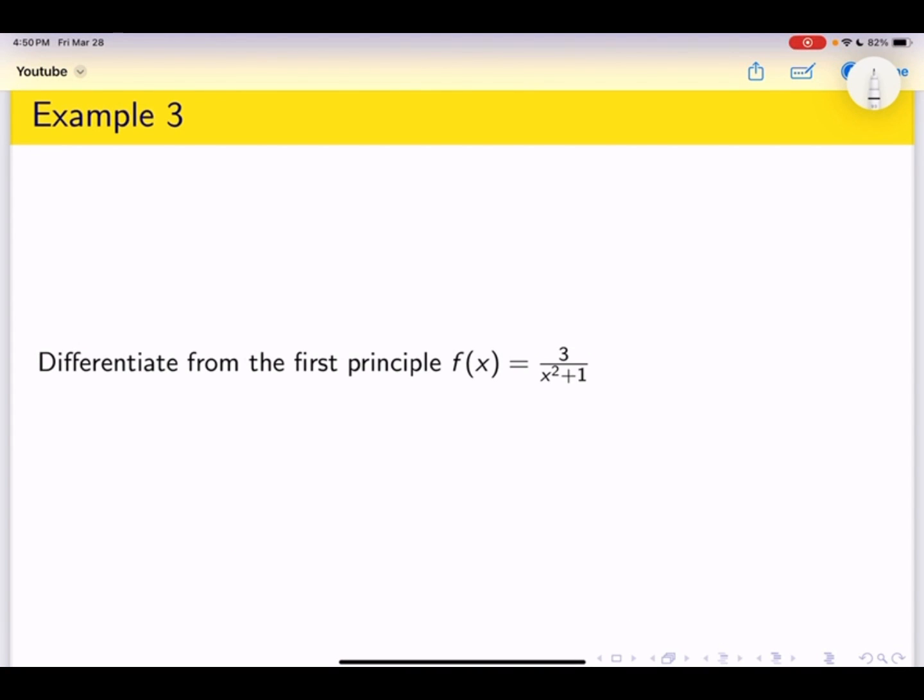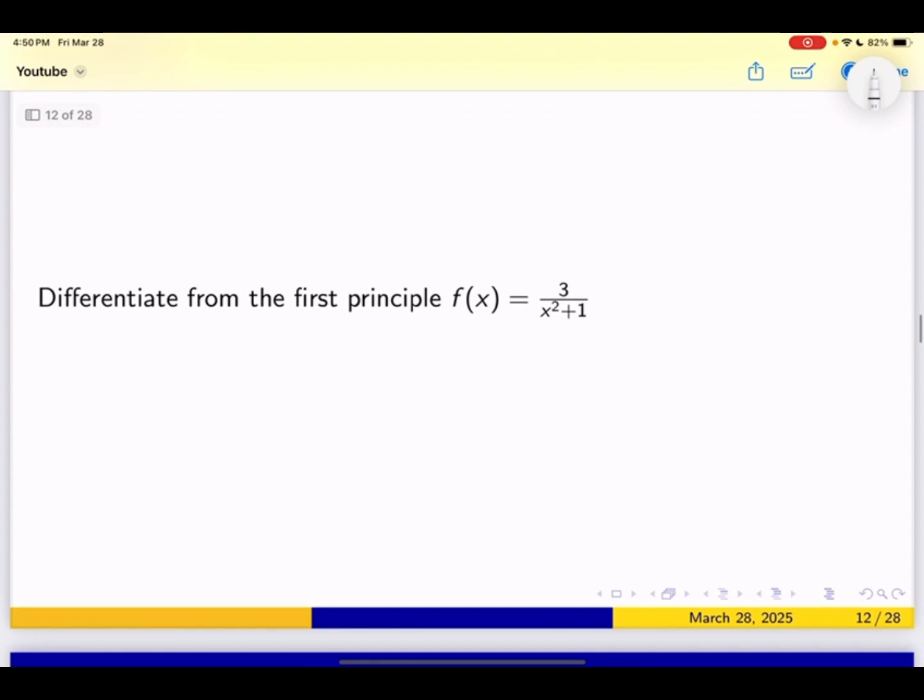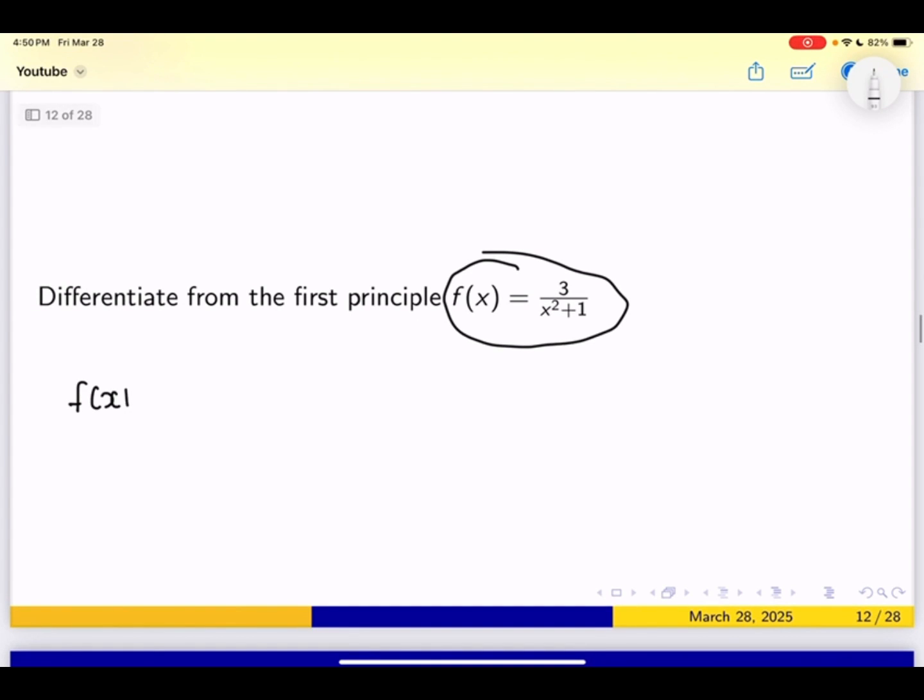So let's solve our third example on the method of the first principle. Here we are given f of x to be equal to 3 on x squared plus 1. So by the first principle, we need f of x plus h. Here, wherever you see x, you are going to put in x plus h.